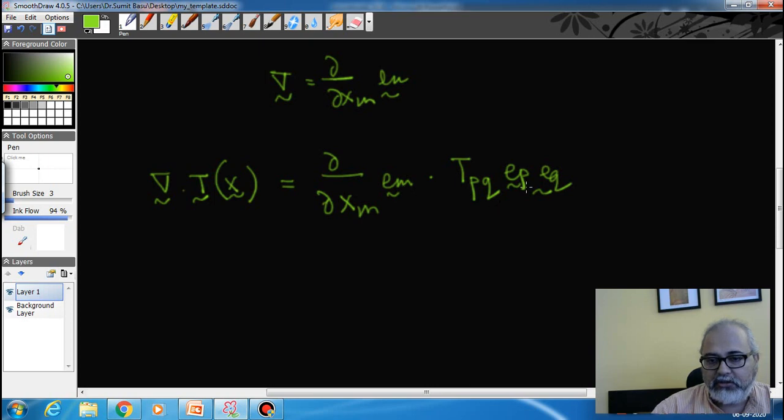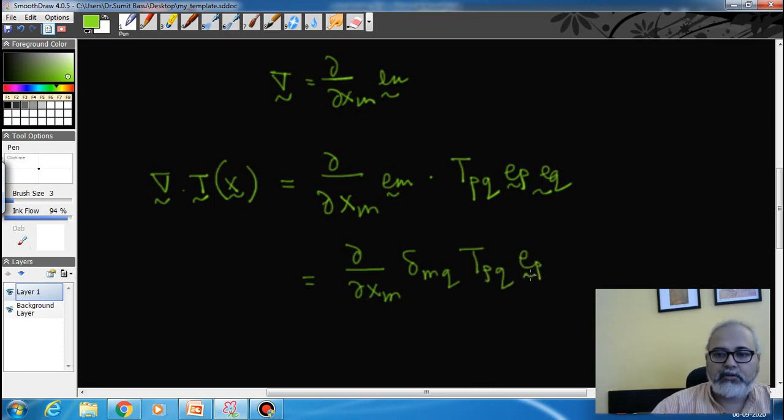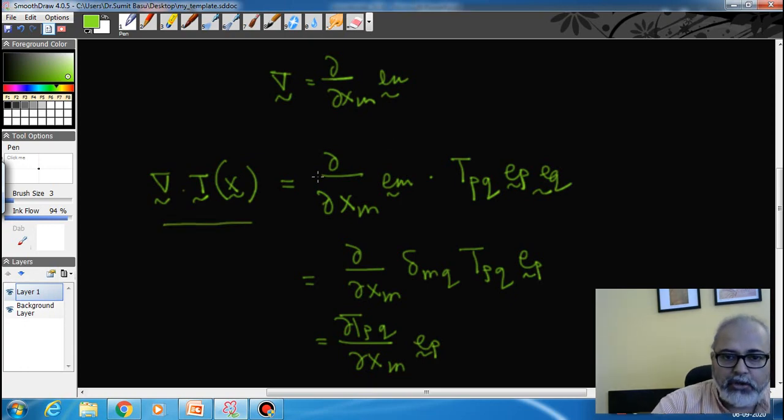Dot this, and you will get ∂T_pq/∂x_n, with δ_nq, e_p. So T_pq ∂/∂x_n e_p is the answer to this.